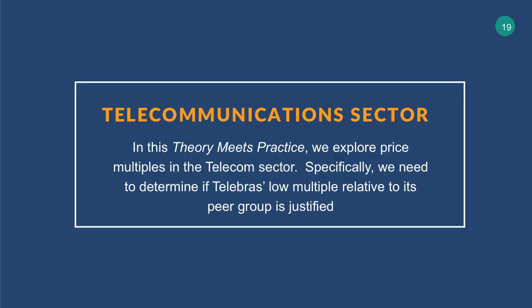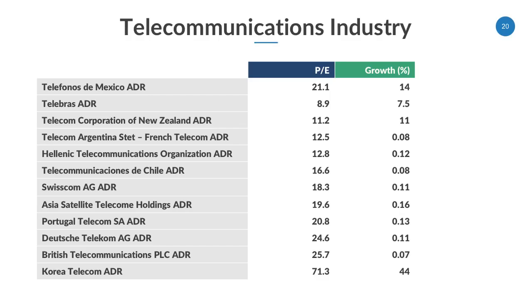In this next example, we explore price multiples in the telecom sector. Specifically, we're asked to determine if Telebras's low multiple relative to its peer group is justified. Let's take a look. Provided here are the PE multiples and expected growth rates for the companies in the telecom sector.